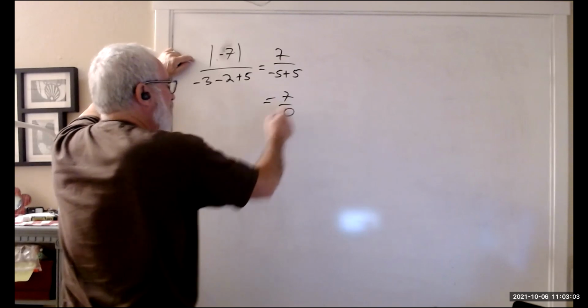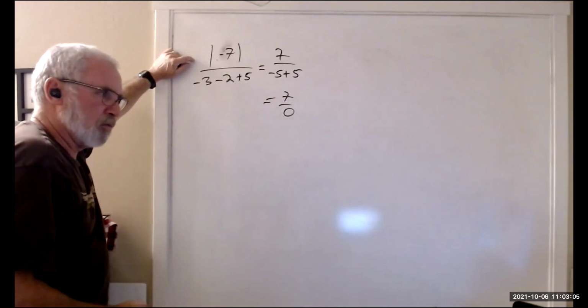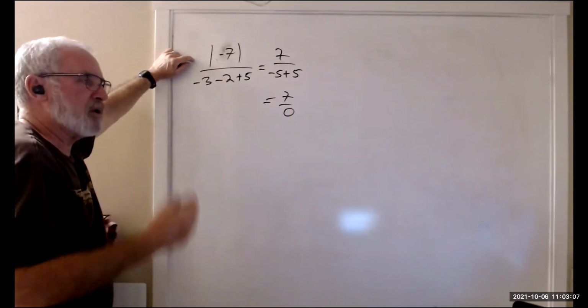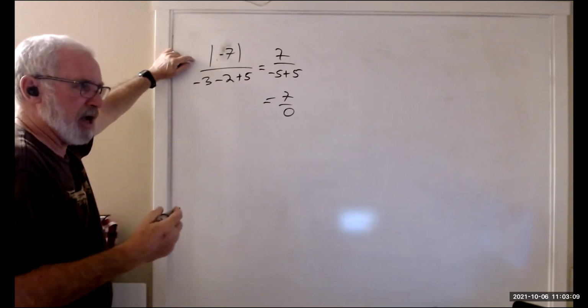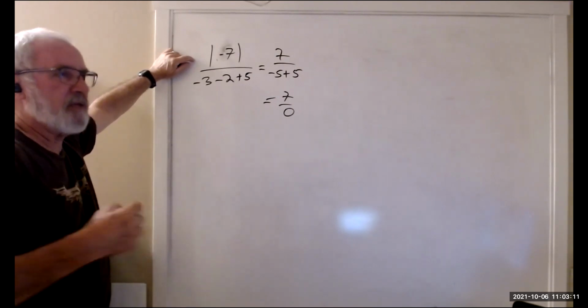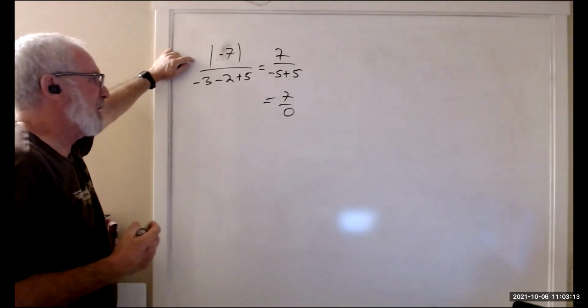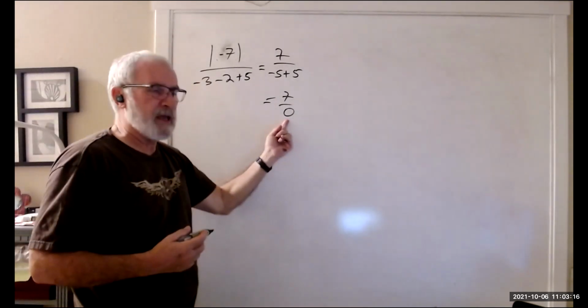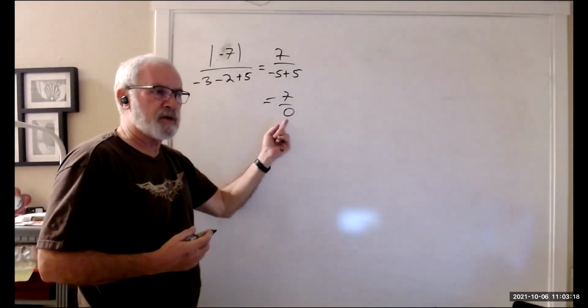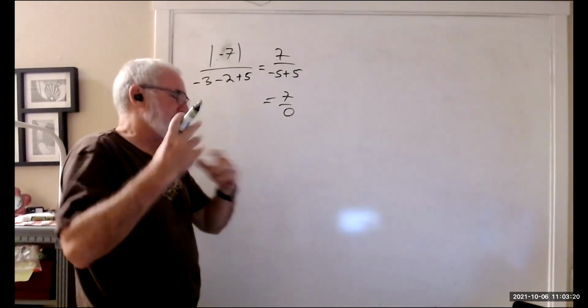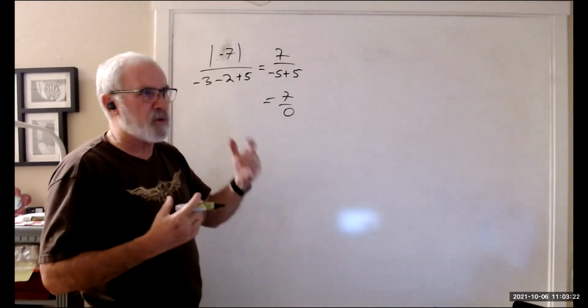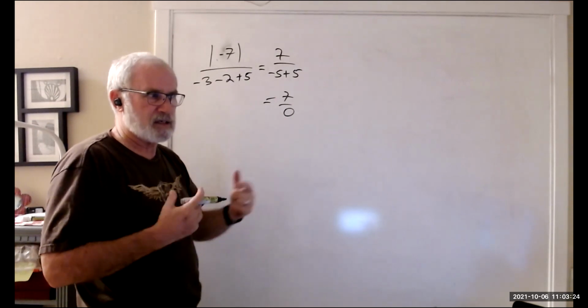So we had 7 over 0. And you are never allowed, even if you go to the highest levels of mathematics, they do not allow 0 in the denominator. Now, they have different ways of handling it, okay?